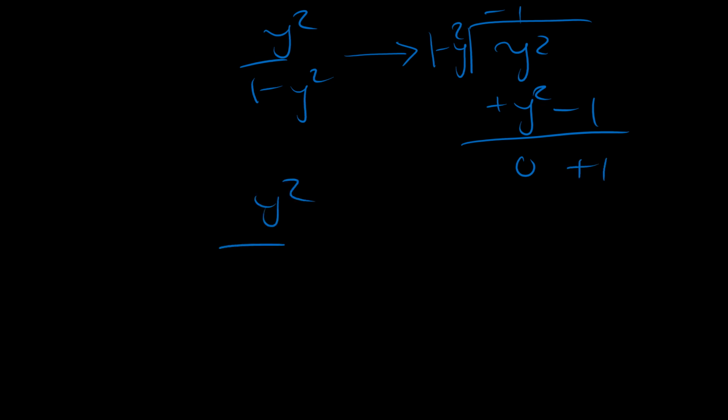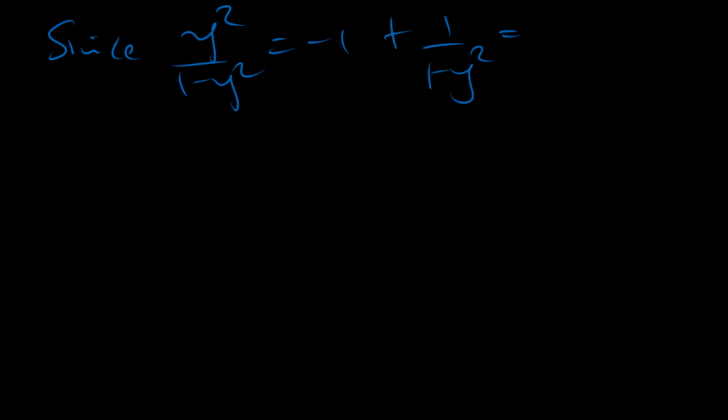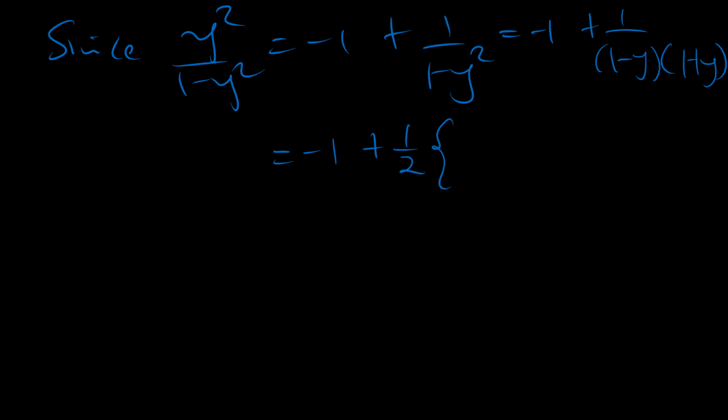So y squared over 1 minus y squared is the same as negative 1 plus 1 over 1 minus y squared, which is the same as negative 1 plus 1 over (1 minus y)(1 plus y), which is the same as negative 1 plus a half of 1 over 1 minus y plus 1 over 1 plus y.